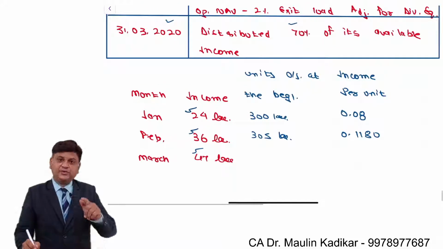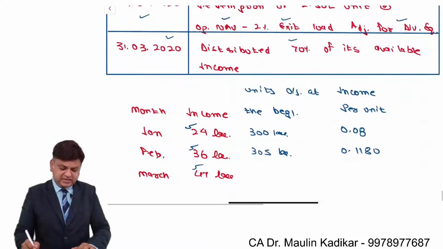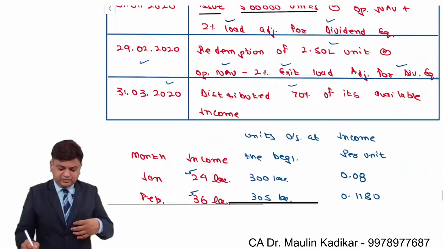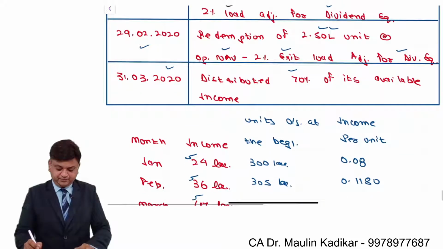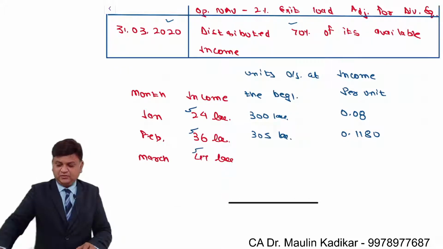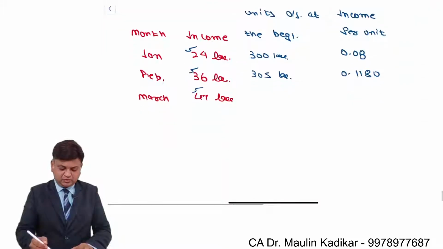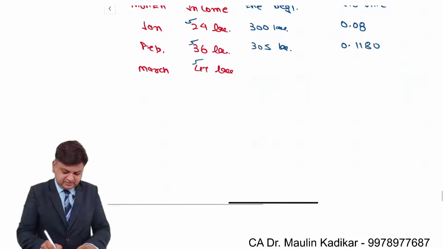Out of 305 lakhs, at the end of February, 2,50,000 units have been redeemed. So use a calculator: 305 minus 2.5, that comes to 302.5 lakhs.